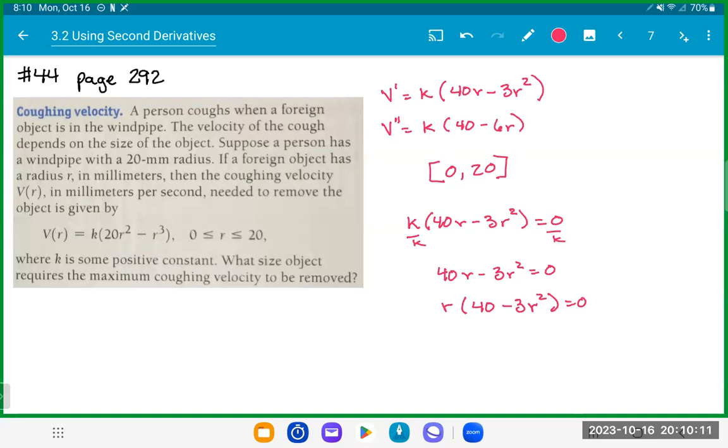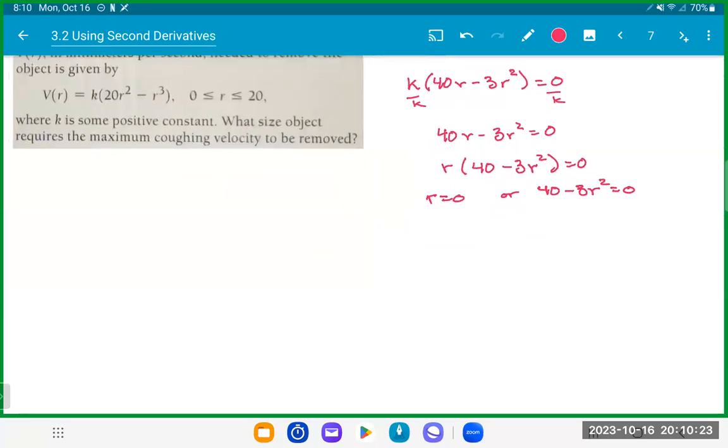So what that means is r equals 0 or 40 minus 3r is equal to 0. If that is the case, then that is 40 equals 3r.